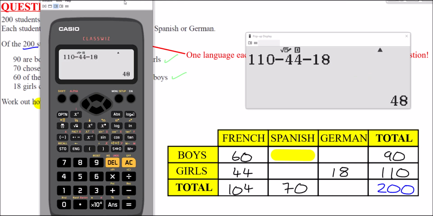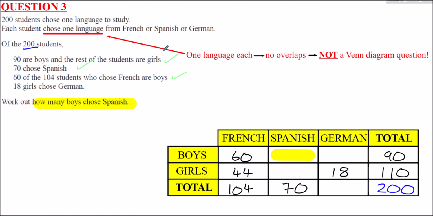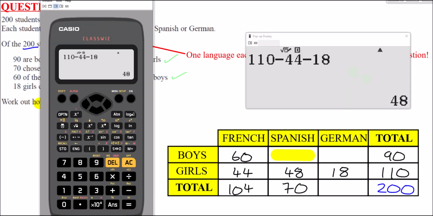That gives us 48. And therefore, we can then do 70 minus 48 to find out the number of boys who chose Spanish. So finally, 70 minus 48, if you want to use a calculator, that'll give you a value of 22.